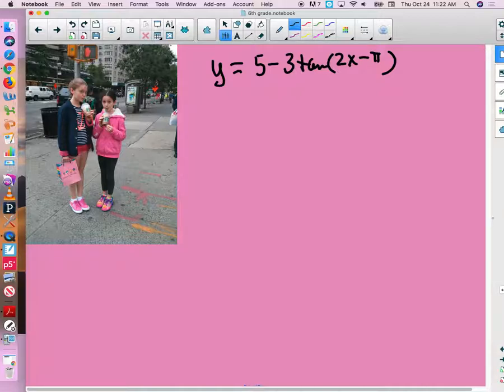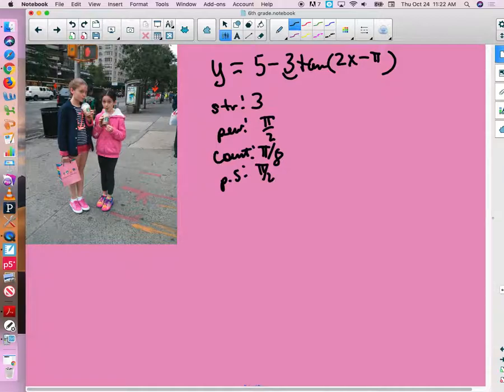It doesn't have amplitude, but it has a stretch of 3, kind of like my amplitude. Period: tangent's the little short person, pi over 2. The count is pi over 8. Are y'all okay with that? Phase shift, anybody?